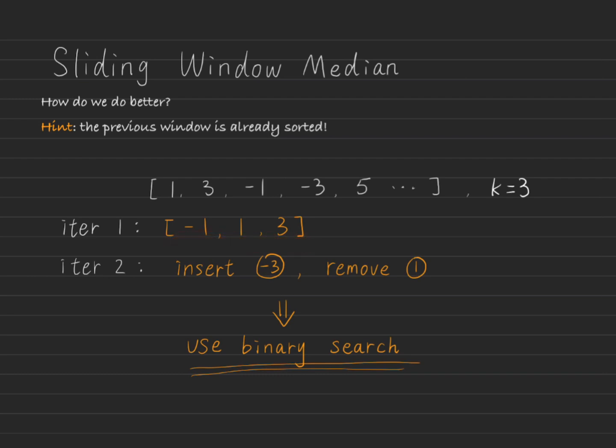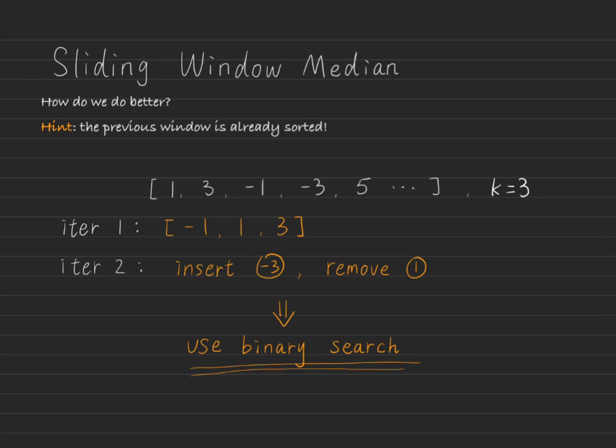As we move by one position to the right, we need to insert the new element -3 and remove the left element 1. Because the original window was already sorted, we can do our insertion and removal in a binary fashion, which allows us to achieve logarithmic time.